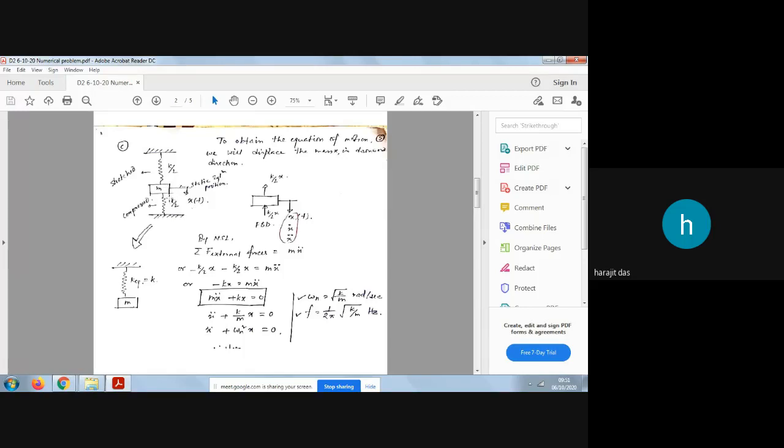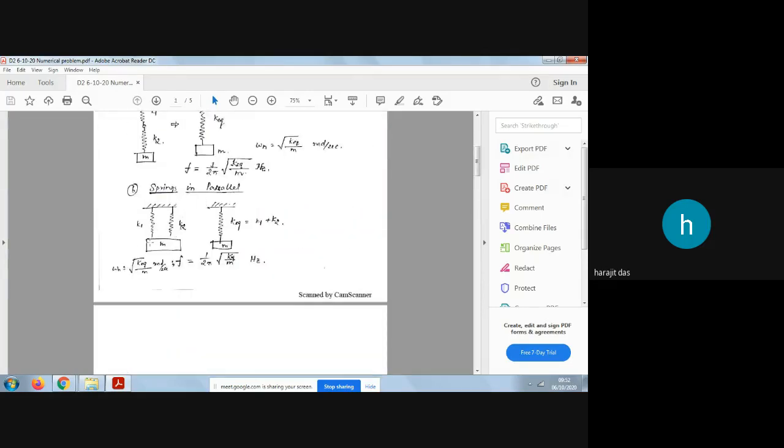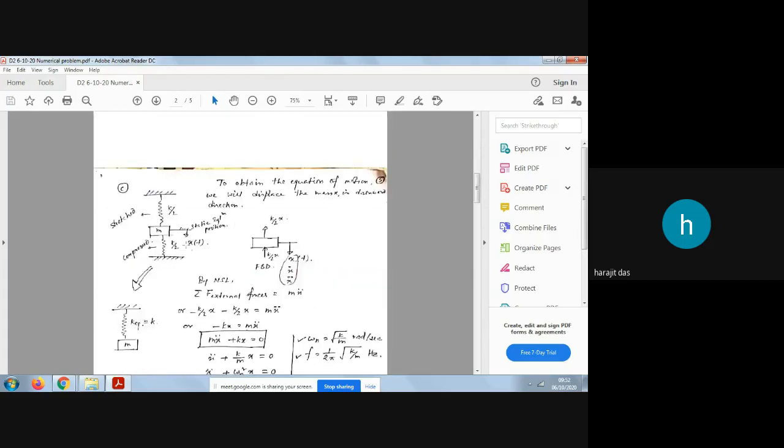That will be the compressive displacement for this k by 2 spring, and the elongation displacement for the other k by 2 spring. So the deflection of each spring will be equal to the equivalent deflection, which means they are in parallel. In parallel, we have seen the total deflection of the mass equals the individual spring deflection. Here that same thing is happening, which is why it is a parallel connection.